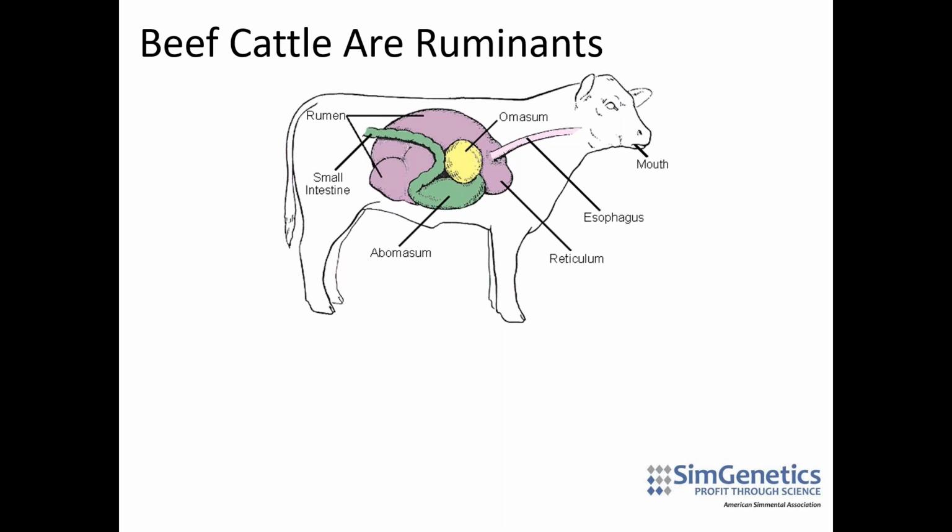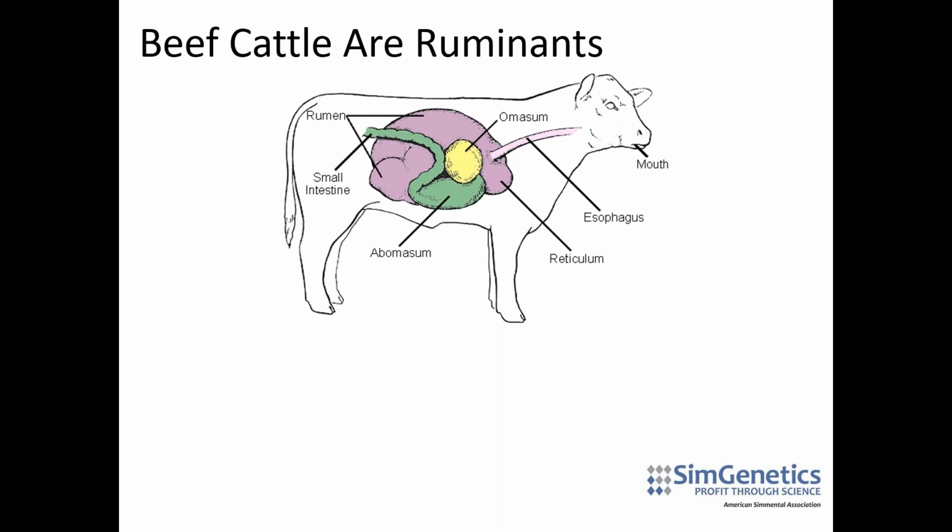And another cool thing about ruminants is that they're not alone out there. They have millions and millions and millions of teeny tiny microorganisms that live in that rumen that allow them to break down feeds like grass that have a lot of cellulose. We'll talk a little bit more about that in the nutrients section.